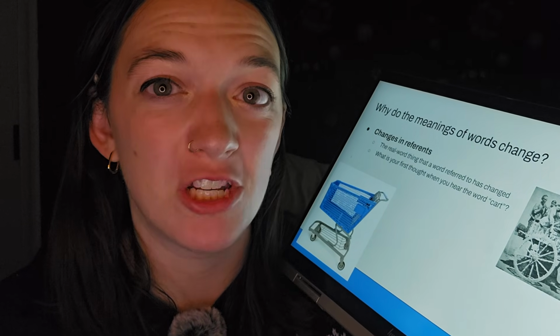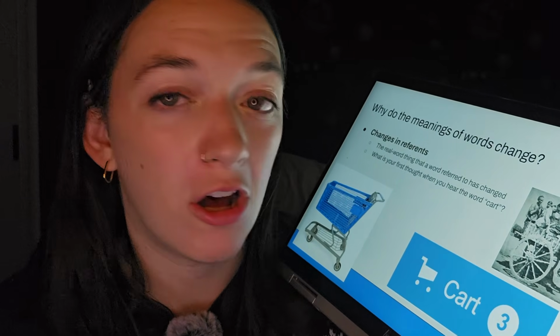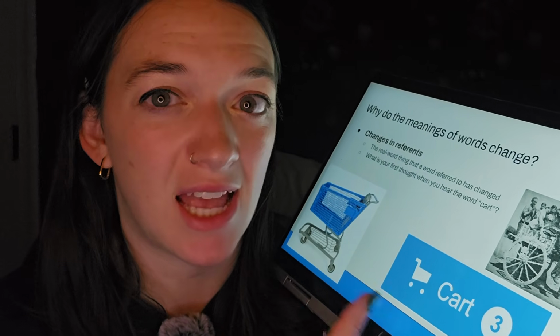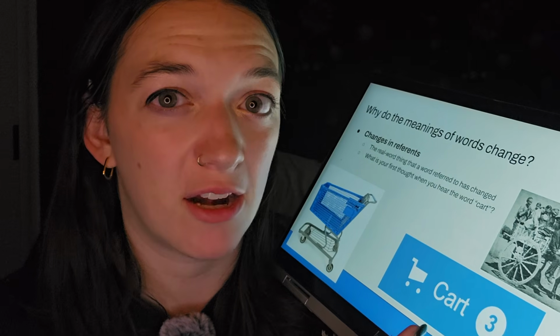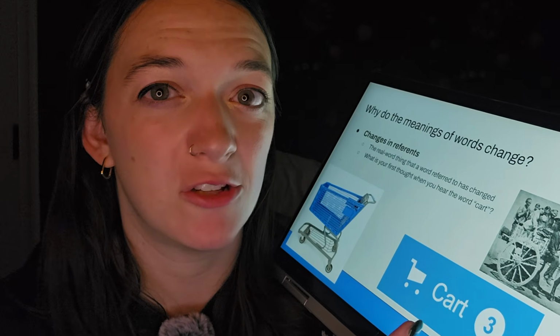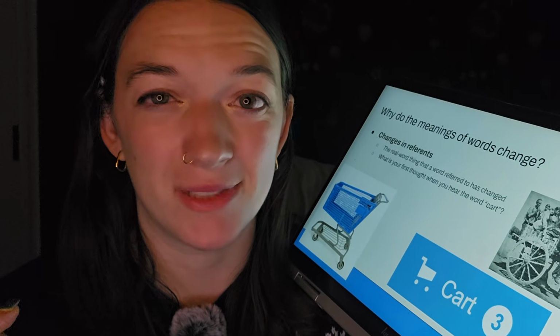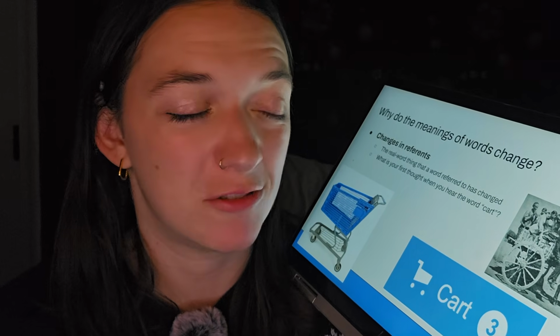Or it may refer to even a more abstract version of that, like an online shopping cart. You can click a button that says add to cart, and there is no physical object that you're referring to, but you still know that it means somewhere you put shopping items, whether that's in an online sense or a physical sense.